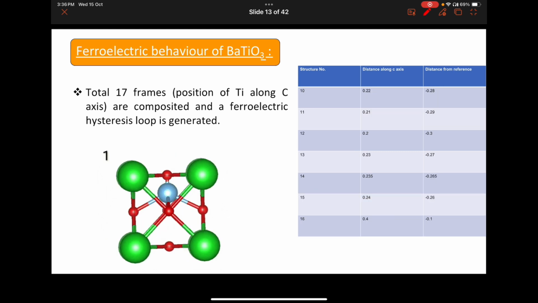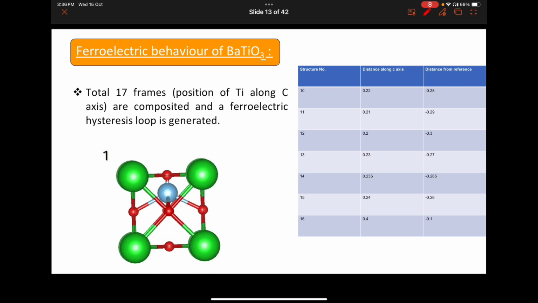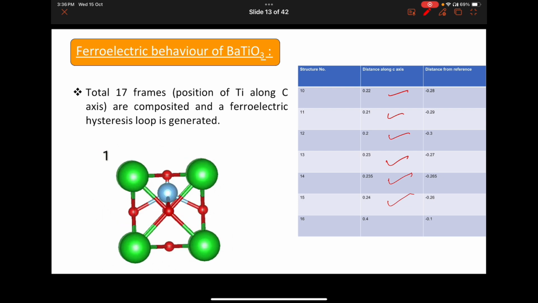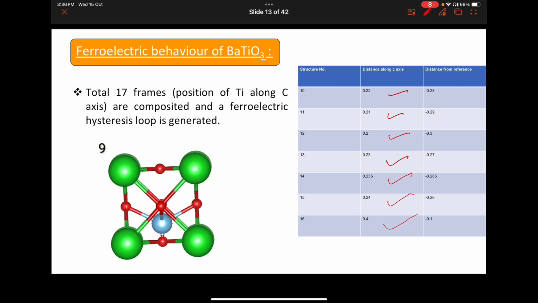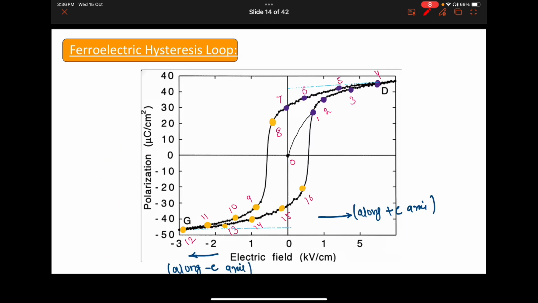Then I have plotted the remaining data for the ferroelectric hysteresis loop that we get because of the barium titanium oxide. It gets polarized in the presence of an external electric field. This is the hysteresis loop we are getting for barium titanium oxide; we get something similar to this, not exactly this.